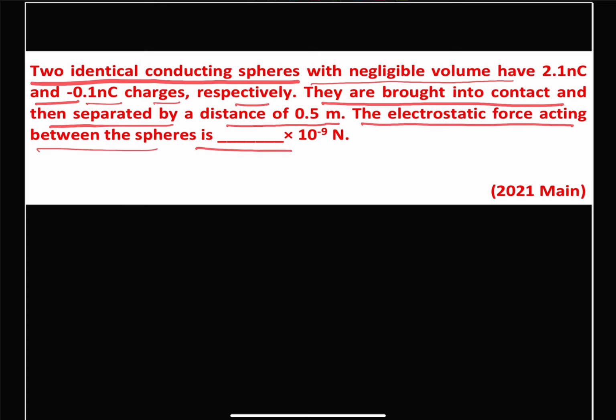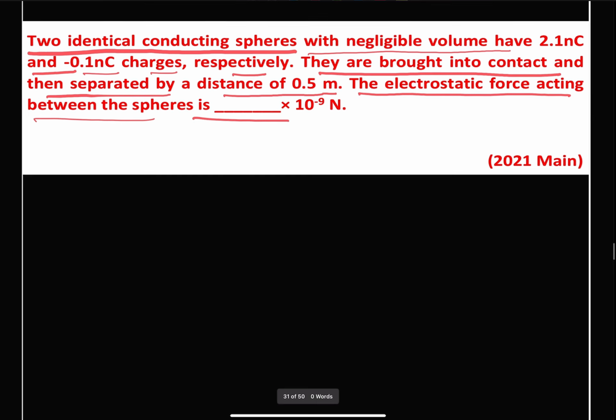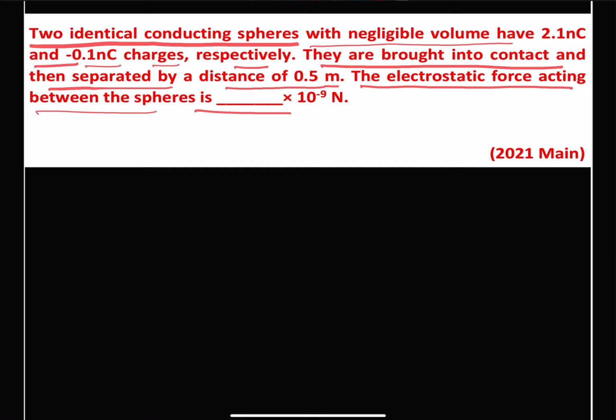So we are given that we are having two identical conducting spheres. So let us suppose this is a sphere A and this is a sphere B. Charges on them is given as 2.1 nanocoulomb and the other one is minus 0.1 nanocoulomb.